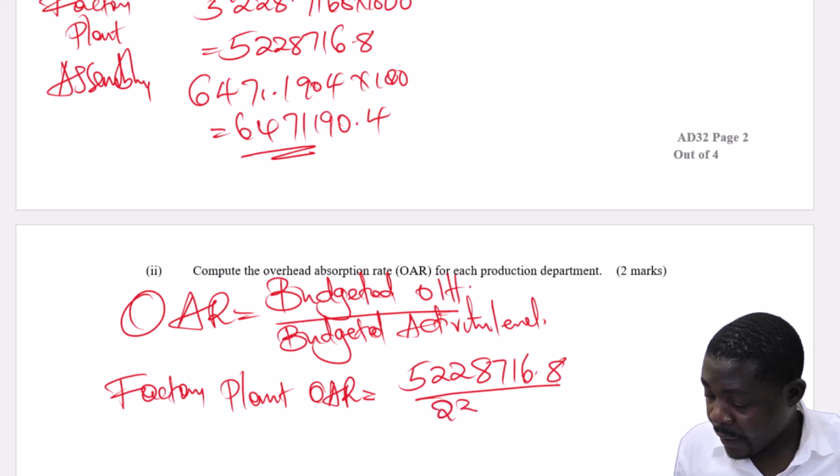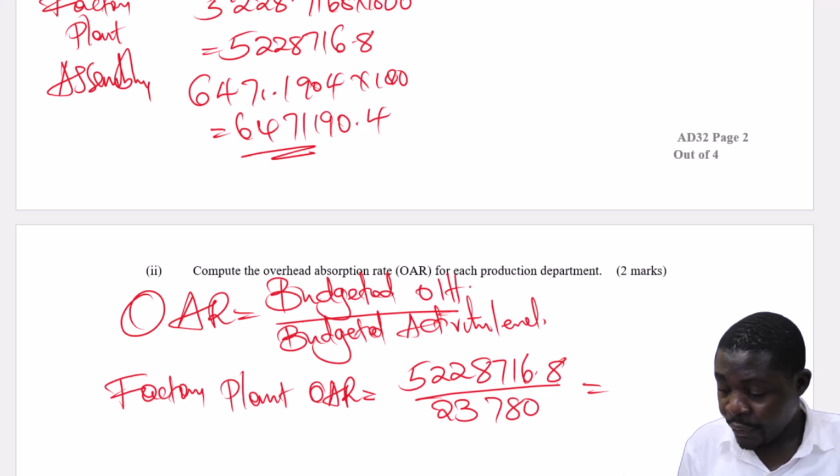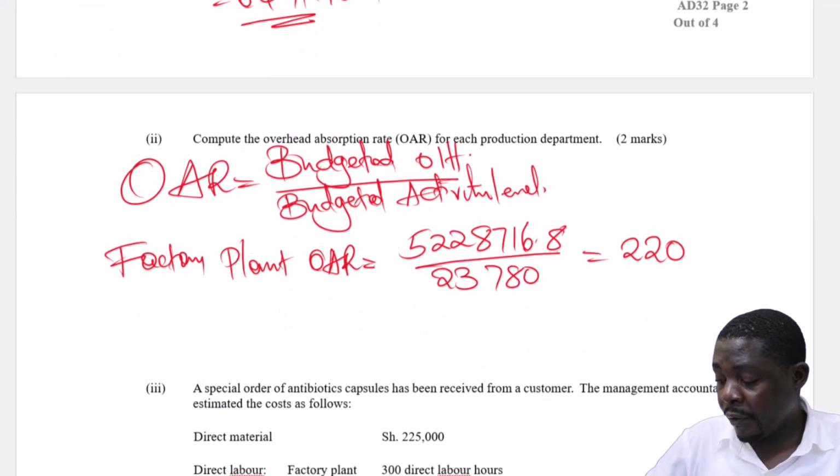Now we divide 522,871.68 by 23,780. If you round to a whole number, you are going to get 220.